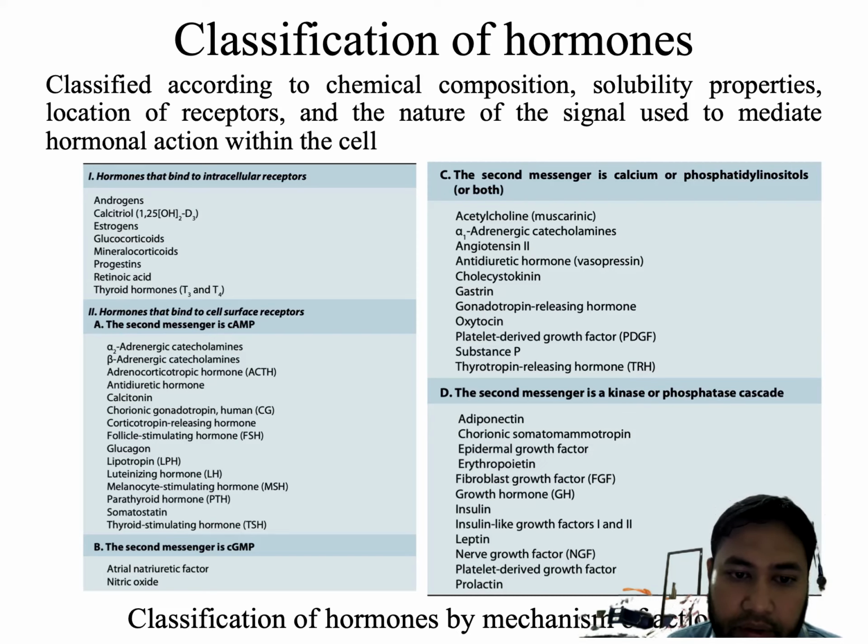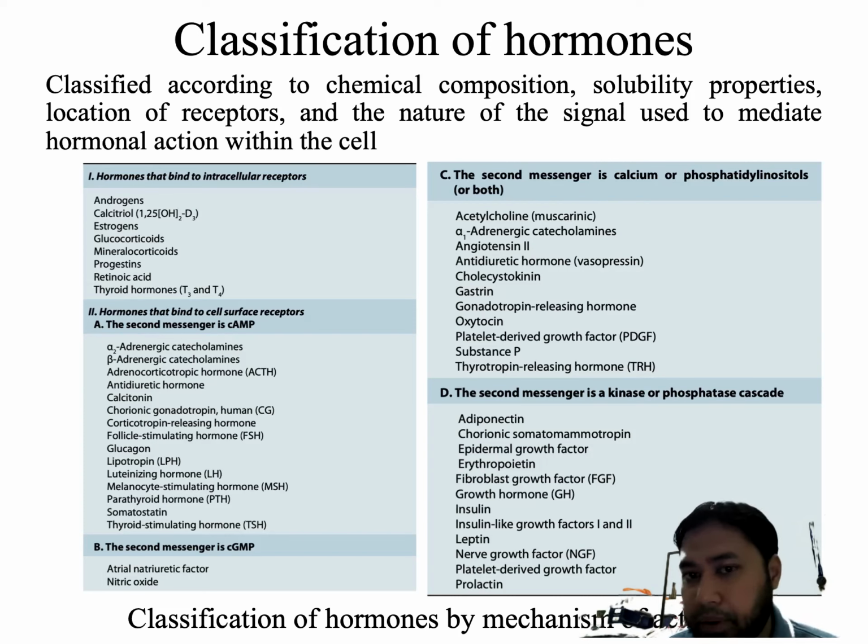You have another type of hormones. We call them glucagon, lipotropin, luteinizing hormone, melanocyte stimulating hormone, parathyroid hormone, somatostatin, and thyroid stimulating hormone. So for these, the second messenger is cAMP.